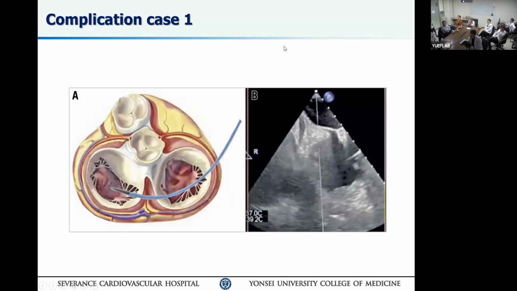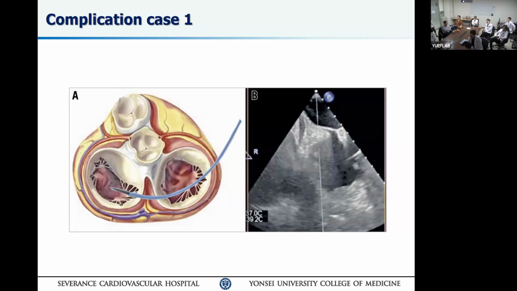One thing that I have learned is that, as a beginner, if you try a septal puncture too posteriorly, that might happen, because LA structure and anatomy is very different from individual to individual.